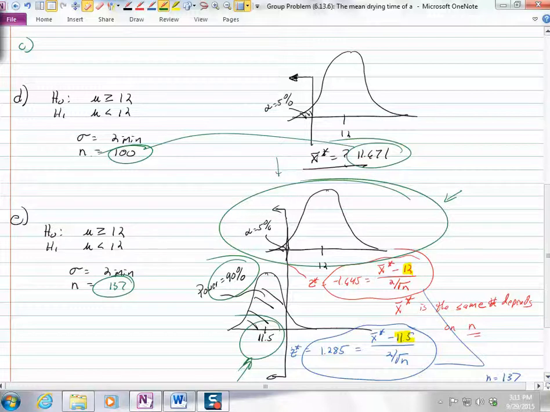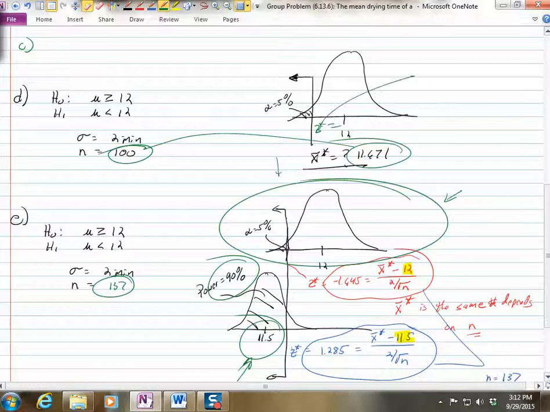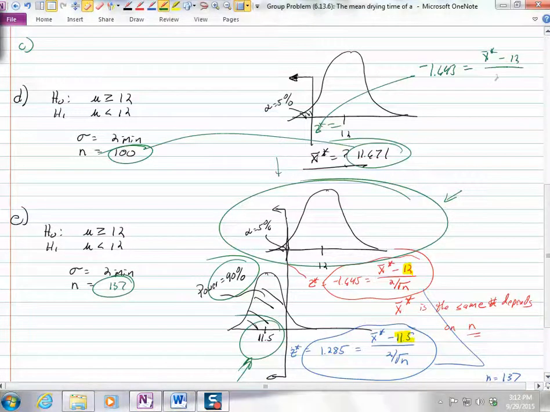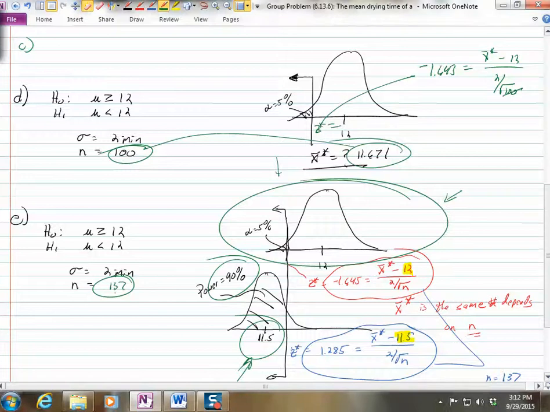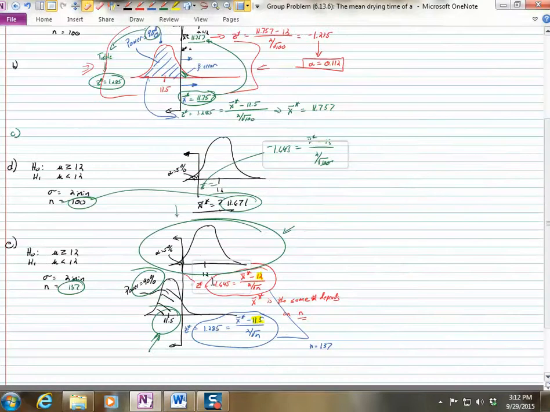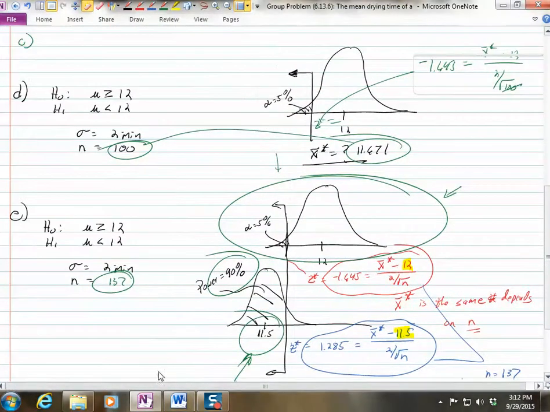So we had the same z star of 1.645, but that is x bar star minus 12 over 2 over the square root of n, and in the first case it was the square root of 100. Here in the bottom one it is 137. Great question. A lot of people had it. Okay. Other questions on power of the experiment?